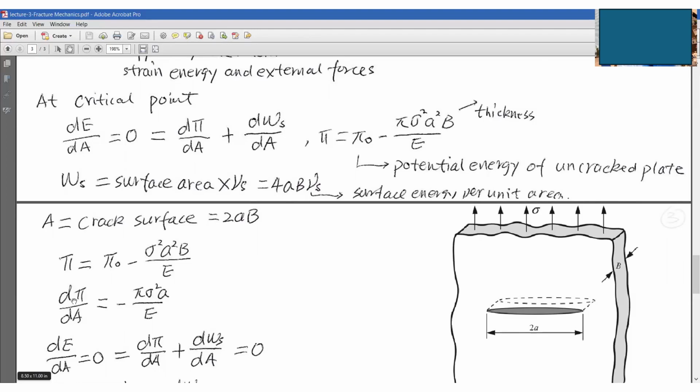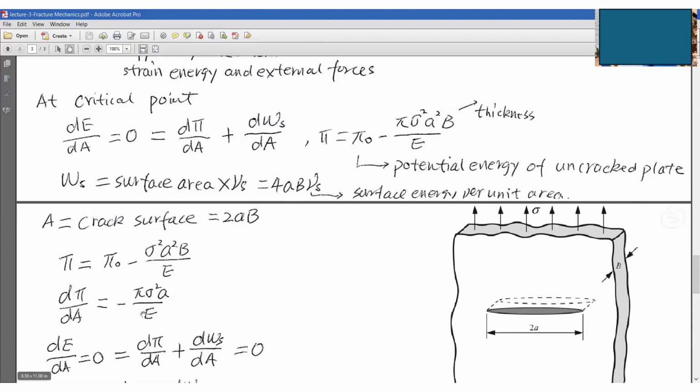So d pi dA. Pi 0 is the potential energy of the uncracked plate, so d pi 0 dA will be equal to 0. So we have the derivative of pi sigma squared a squared over Young's modulus, taking the derivative with respect to a.